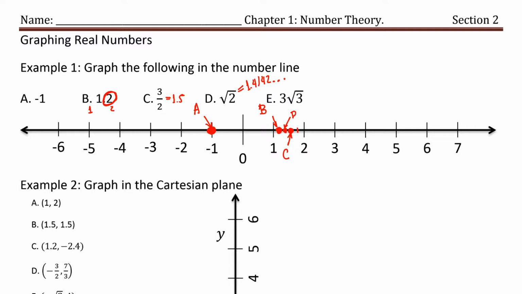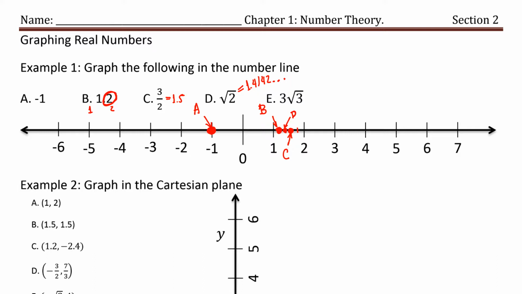Now, remember that the square root of 2, you are using an estimate to actually graph it, so you're going to try to get it as close as possible. Of course, it's not going to be somewhere in 6 or somewhere in the negative line. It's going to be between 1 and 2, and specifically between 1 and 1.5, closer to the 1.5.